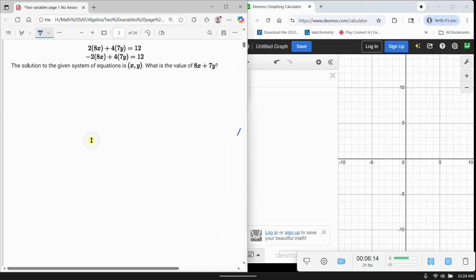I'm going to replace the 4x with a capital P, and then the 7y with a capital Q. So now I'm going to do 2P plus 4Q equals 12. Now the question is asking, what is P plus Q?